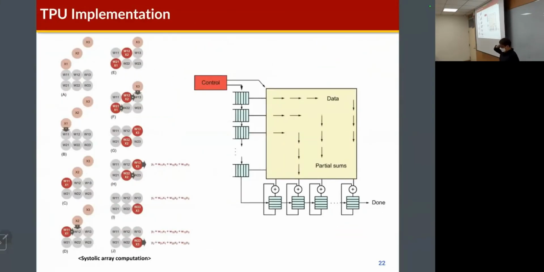This figure shows how the TPU performs matrix multiplication. This architecture is known as the systolic array.